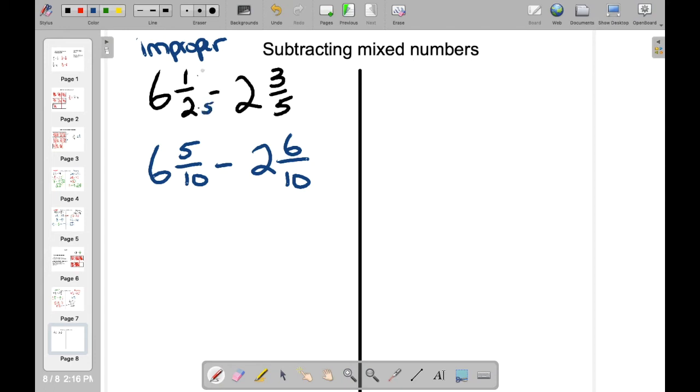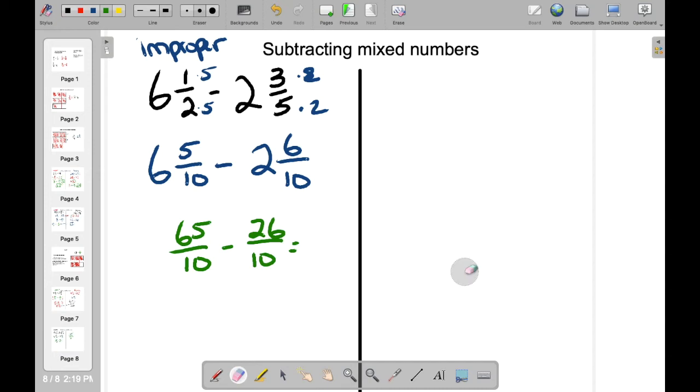And I did that by multiplying by 5 and multiplying by 2 on the right side. Now to do improper fractions, I would do 6 times 10 is 60, plus an extra 5 is 65 tenths. Now on the left side, 2 times 10 is 20, plus 6 is 26 tenths.